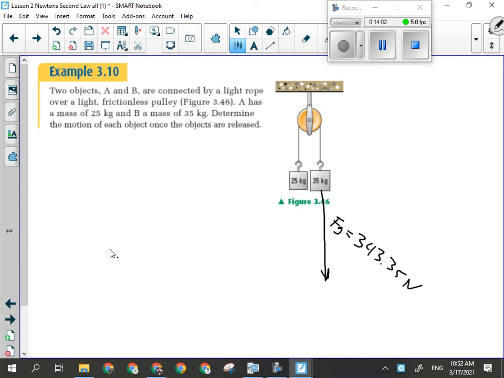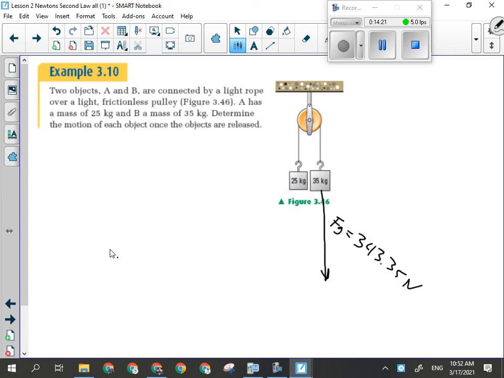Okay, and the other force is what? It's a trick. It's the force of gravity. But it's acting on the other mass. Those are the two forces.